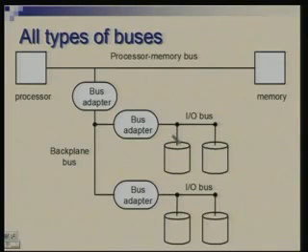Suppose the data is flowing at the rate of 5 megabytes per second here, and for the printer it's flowing at 1 megabyte per second here, and suppose the capacity of this backplane bus is 20 megabytes per second. So here we have two different streams of data in parallel, but here they get interleaved.